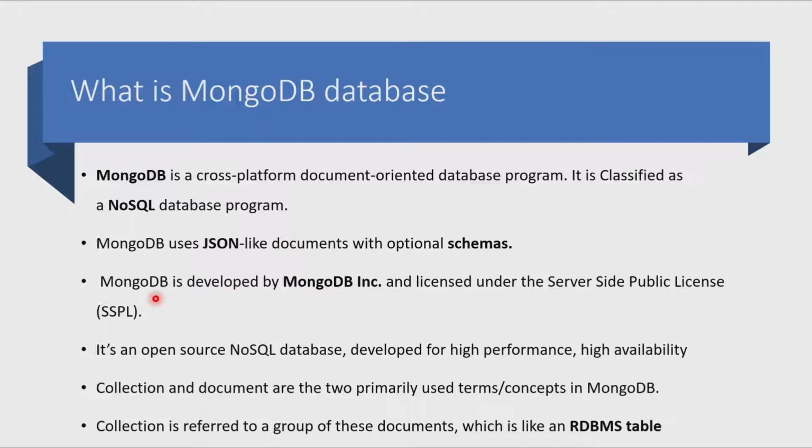And MongoDB is developed by MongoDB Inc. and it is licensed under the Server Side Public License. The best part of this is that it is an open source NoSQL database. It is developed for high performance because of the features it has. It is highly available because of the replication and other features which are there.